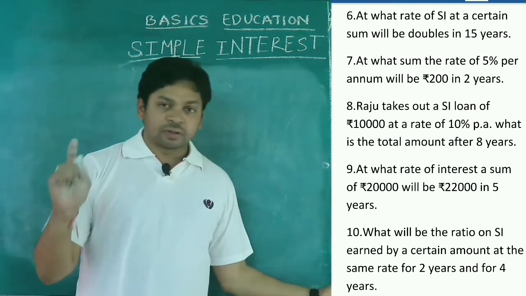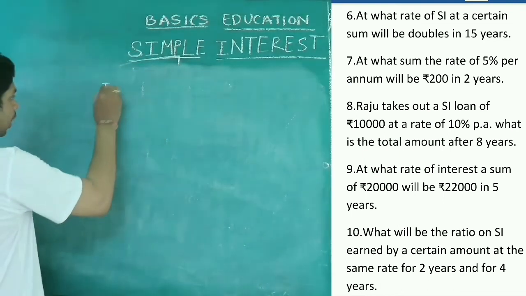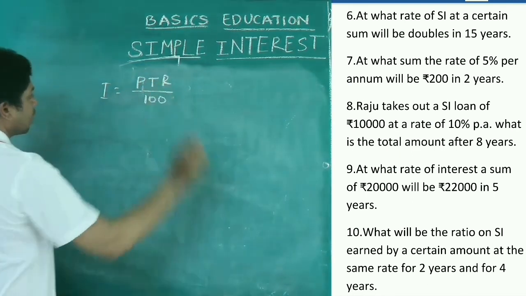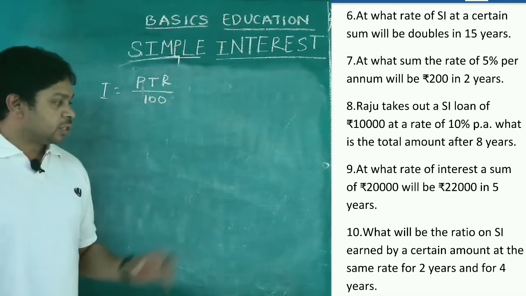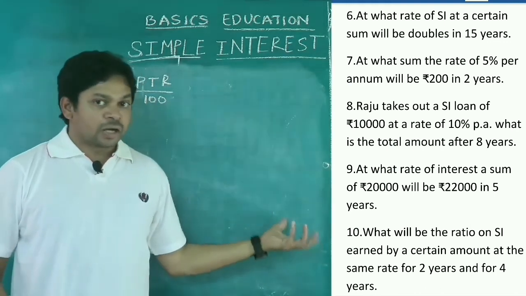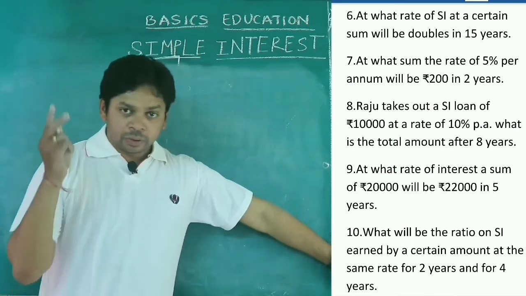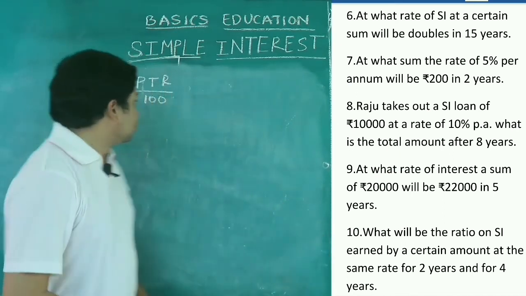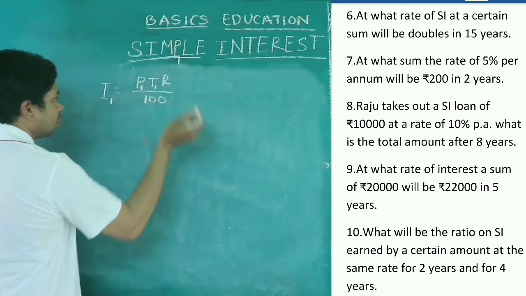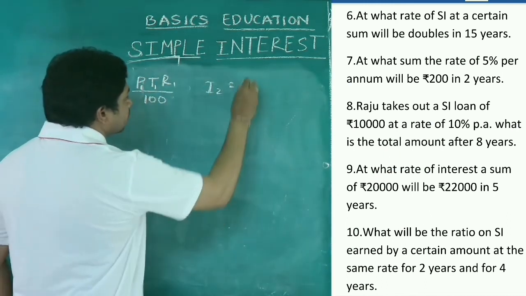We know the formula, that is I equal to PTR by 100. But clearly we should know that he is asking the ratio of interest for the particular sum at the same rate, and the time period is 2 years and 4 years. So that should be I1 equal to P1, T1, R1 by 100, and I2 equal to P2, T2, R2 by 100.